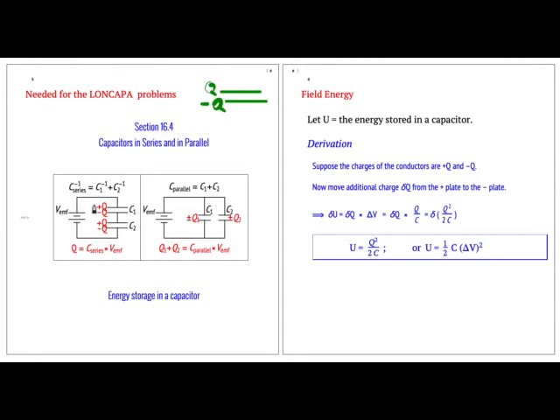Now here's a circuit with two capacitors and a battery. The battery has some electromotive force or some voltage. For example, a traditional D-cell battery has a voltage of 1.5 volts.